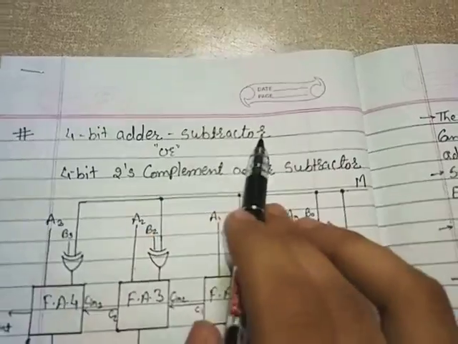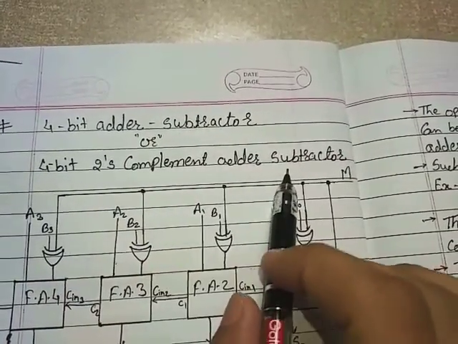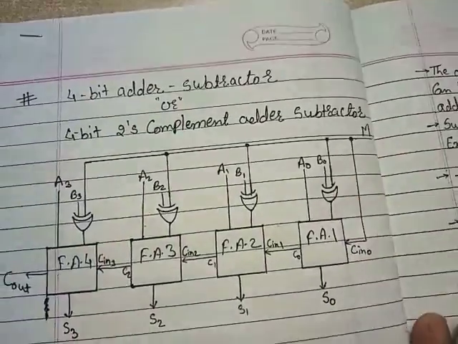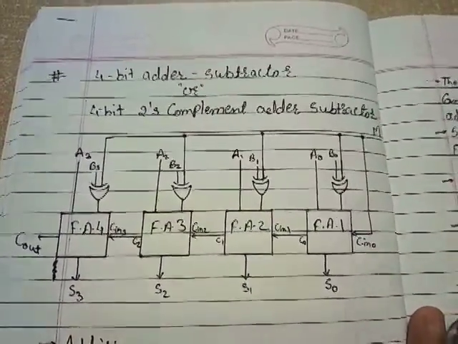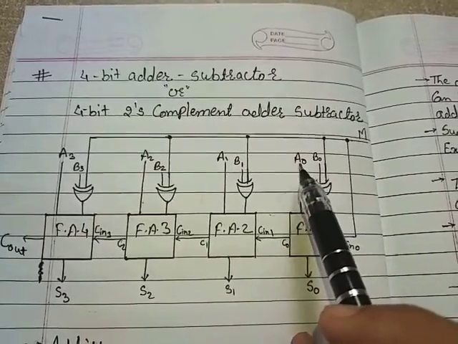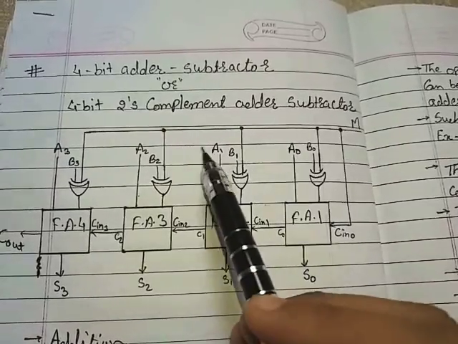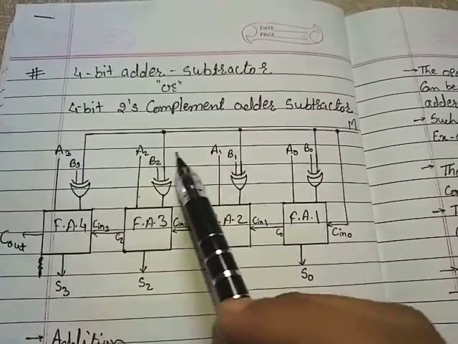4-bit adder subtractor, or 4-bit 2's complement adder subtractor. Here is the block diagram, or logical diagram. In this, we have 4 bits of inputs A and B: A0, A1, A2, A3, B0, B1, B2, B3.